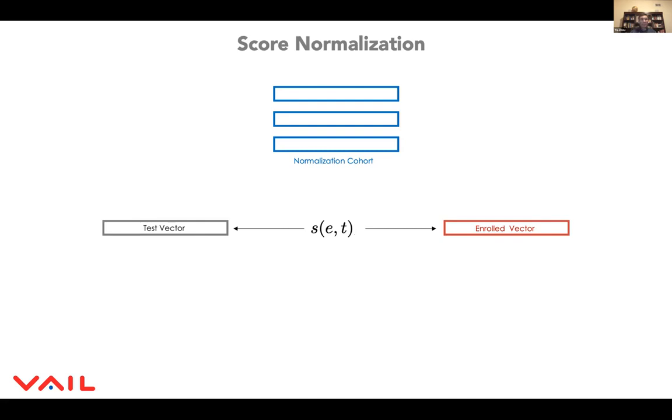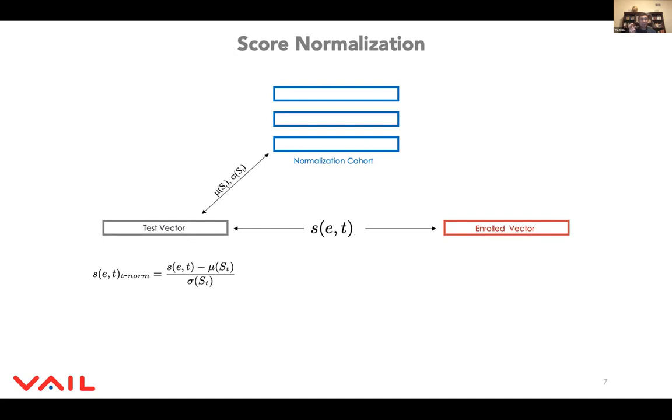Here we have a similarity score S between a test vector P and an enrolled vector E. To normalize S, one can first compute the similarity scores between the test vector and every vector in the normalization cohort.